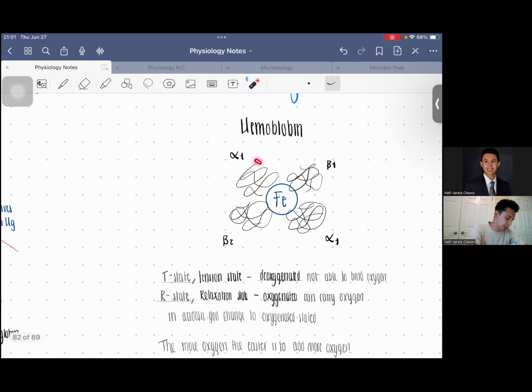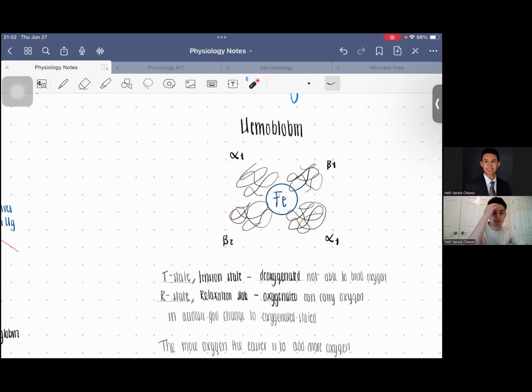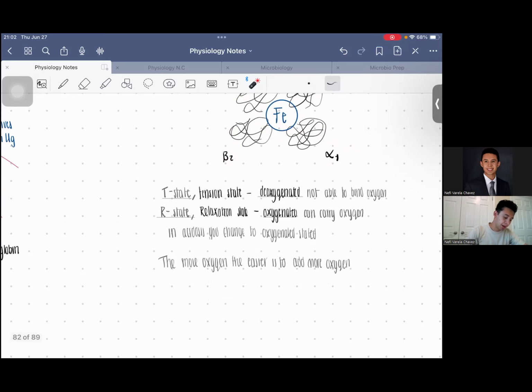So hemoglobin has these protein chains, alpha 1, alpha 2, beta 1, beta 2, and an iron, Fe, in the middle. Okay. For each protein chain, we're going to have a binding site for oxygen. So that's what I'm saying, that hemoglobin can carry oxygen to take it to the rest of the body.